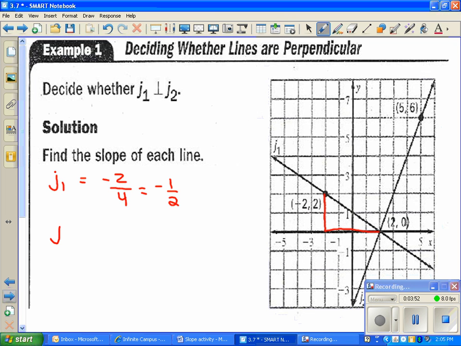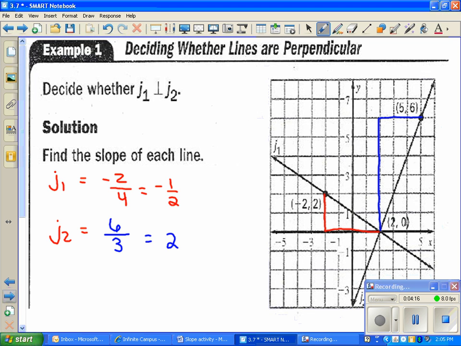All right, now we're looking at J2. We're going up 1, 2, 3, 4, 5, 6, and over 1, 2, 3. So up 6 over 3. What's 6 divided by 3? 2.